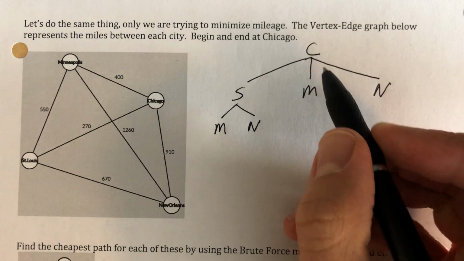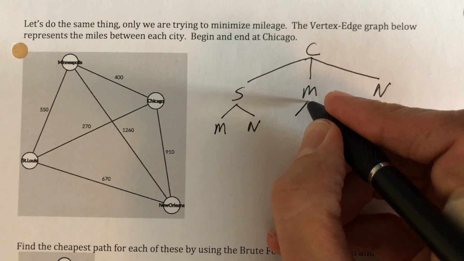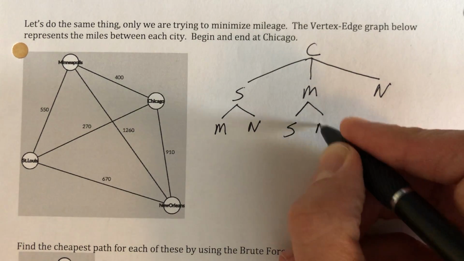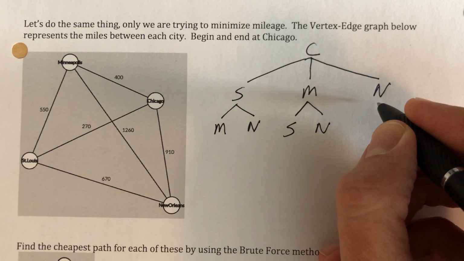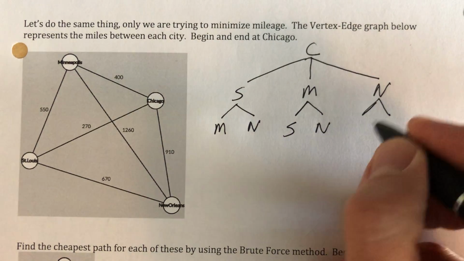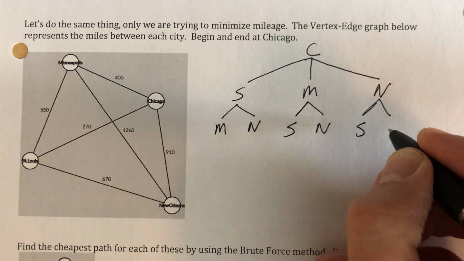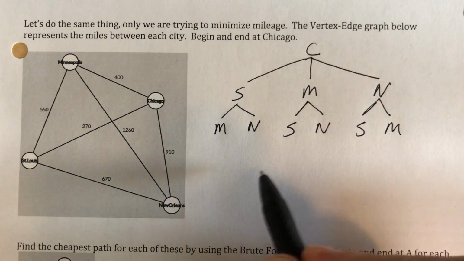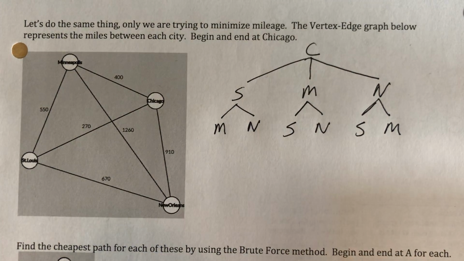Okay, if I go Chicago, Minneapolis, then I have 2 options from here. So I'd have St. Louis or New Orleans. And if I go Chicago, New Orleans, then I have St. Louis or Minneapolis.